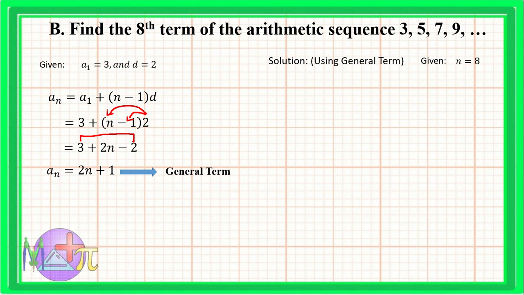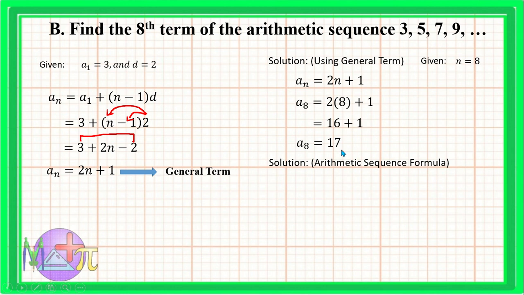Okay, so again, given n is 8, kasi 8 term yung hinahanap. Again, ito yung general term natin. So a sub n equals 2n plus 1. So substitution, a sub 8 equals 2 times 8 plus 1, that is equivalent to 16 plus 1, that is equal to 17. Therefore, a sub 8 is 17. Ibig sabihin yung pang 8 term dito sa sequence na to is 17.